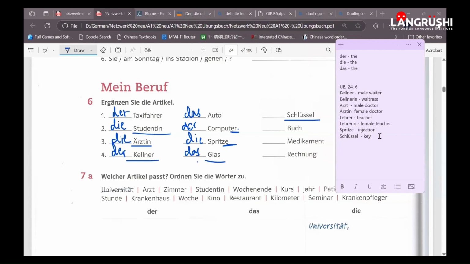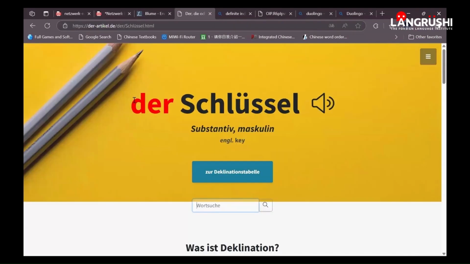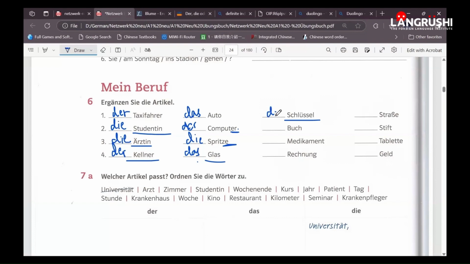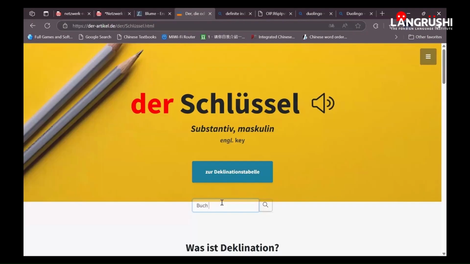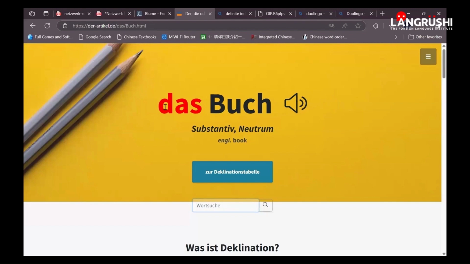Der Schlüssel. Correct. Meaning is key. One key. Okay, so it is der Schlüssel. Next, Shardul, Buch. Das Buch. Perfect. Das Buch.